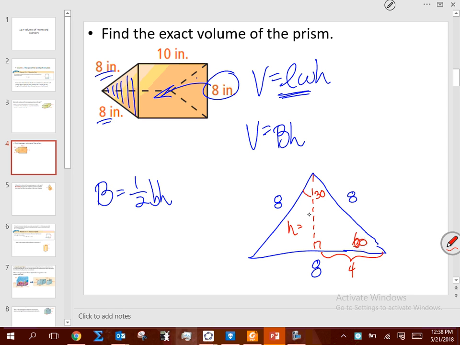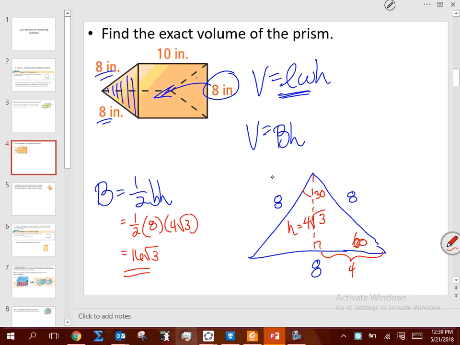What's H going to be? 4 radical 3, right? So now I have enough to go 1/2 base of 8 times altitude of 4 radical 3. That's going to multiply together to give me 16 radical 3. And that's an area, so it'd be square units.